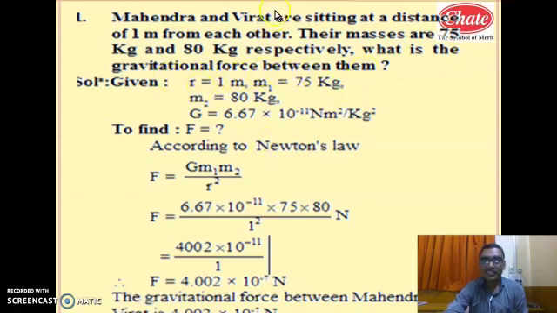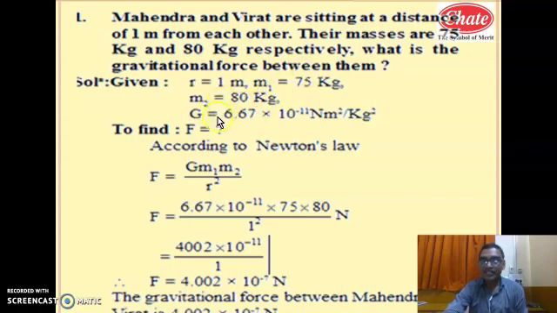We have to find the gravitational force between them. Here the distance is 1 meter. This we can understand from the first sentence. After the full stop, the second sentence begins. In the second sentence, 75 kg and 80 kg masses are given. The first mass is 75 kg, that is the mass of Mahendra, and the second mass is 80 kg, that is the mass of Virat.